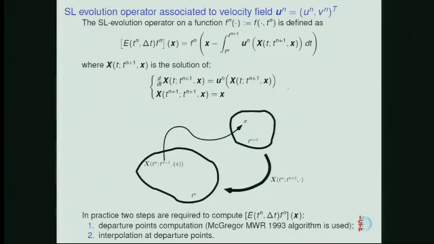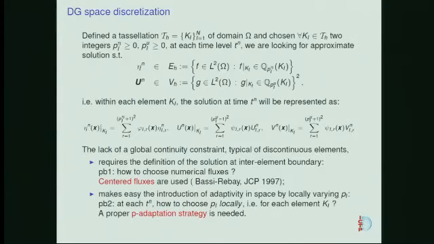Very standard also this. The space discretization: we start from a tessellation of our domain. We fix in each element of this partition a polynomial degree, and then we look for the approximation of the solution in these finite dimensional subspaces.